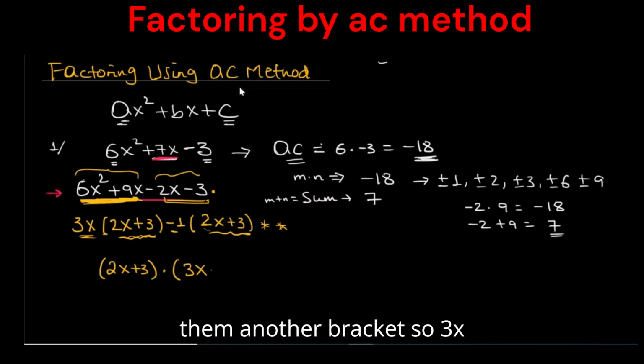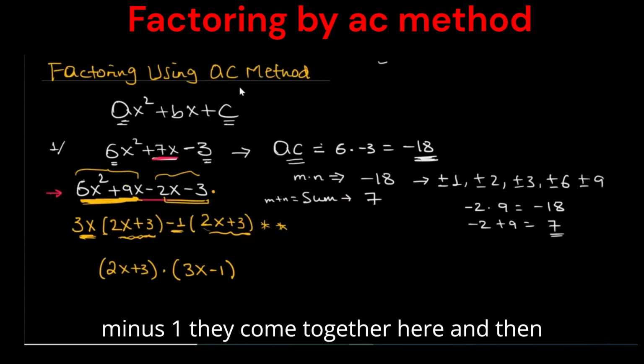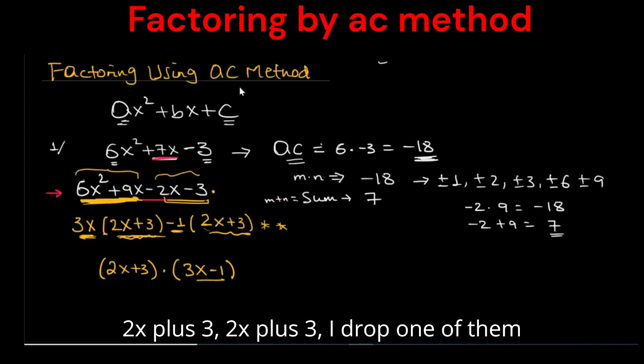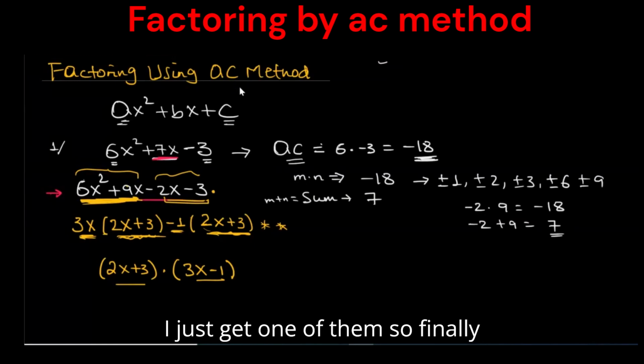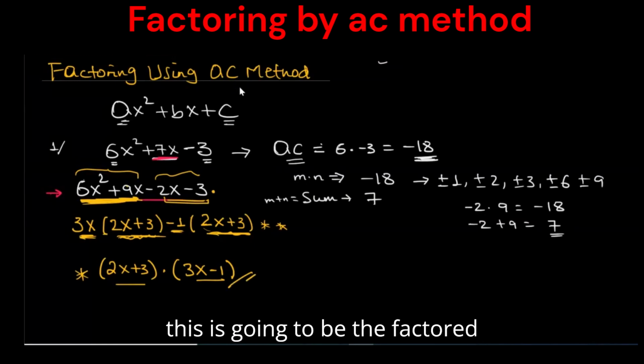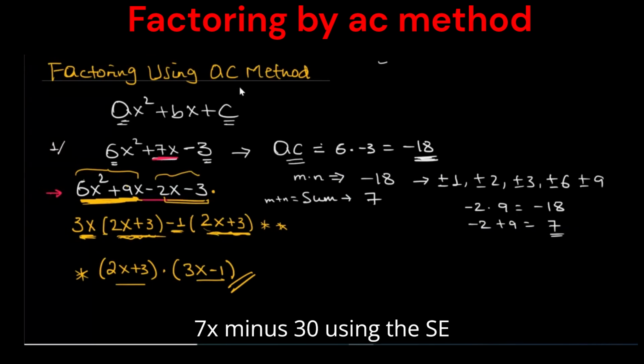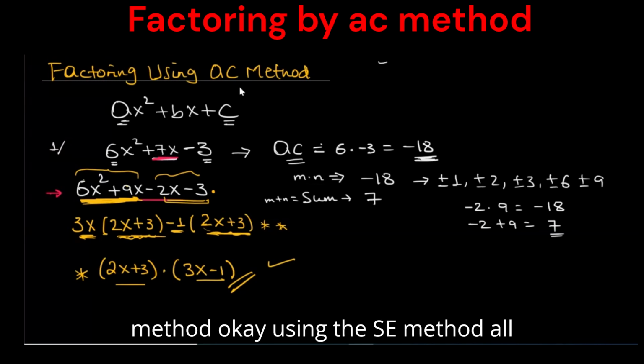So 3x minus 1. Finally, this is the factored form of 6x squared plus 7x minus 30 using the AC method.